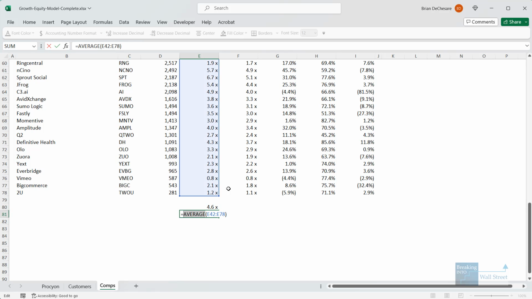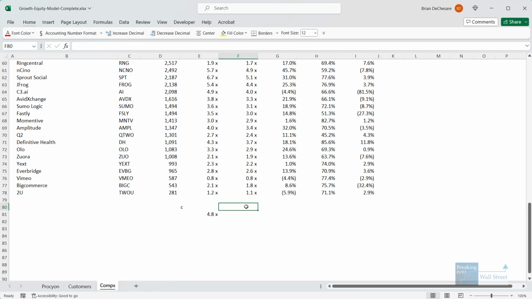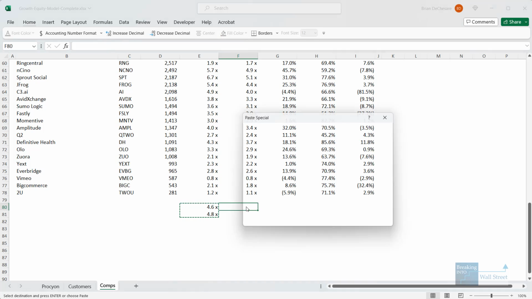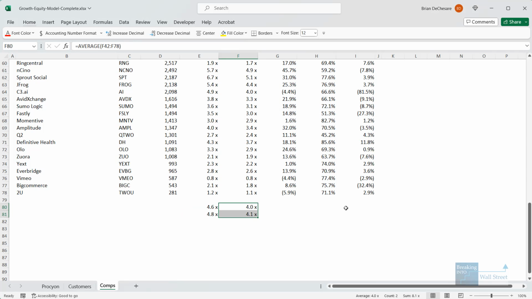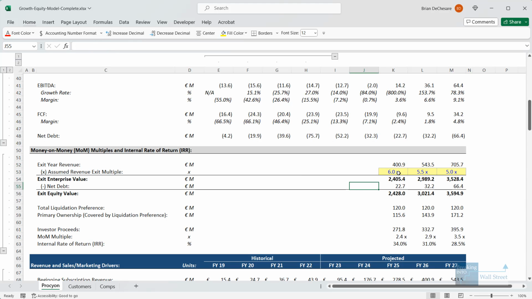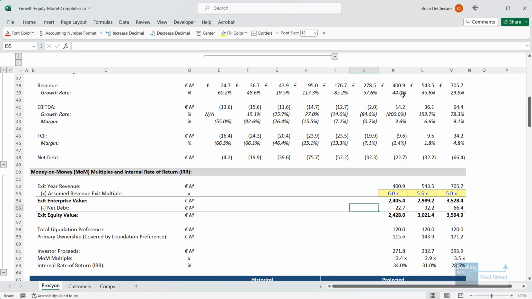And then if we take the median right here, it's about 4.8x. And then on a forward basis, it's about 4x. So this gives us a good benchmark. And I think we could make a defensible case that it should be probably something in this range, maybe 4 to 5 to 6x. We're being a little bit more optimistic here and saying 5 to 6x because our growth rates at this point do still exceed most of these comparable public companies.